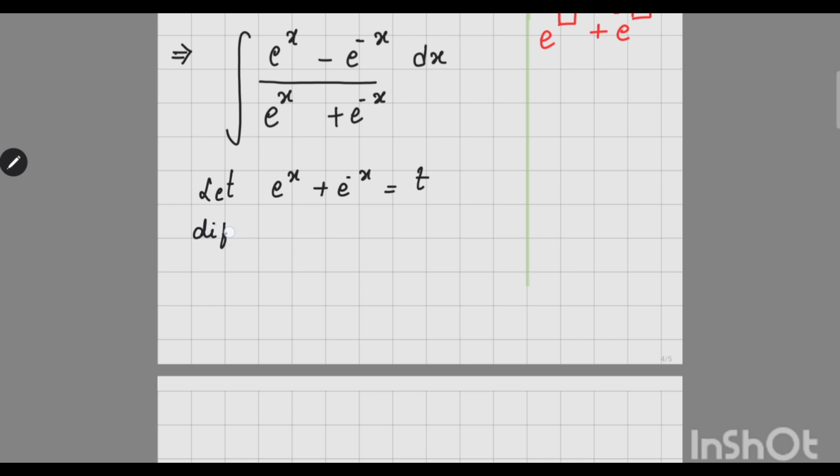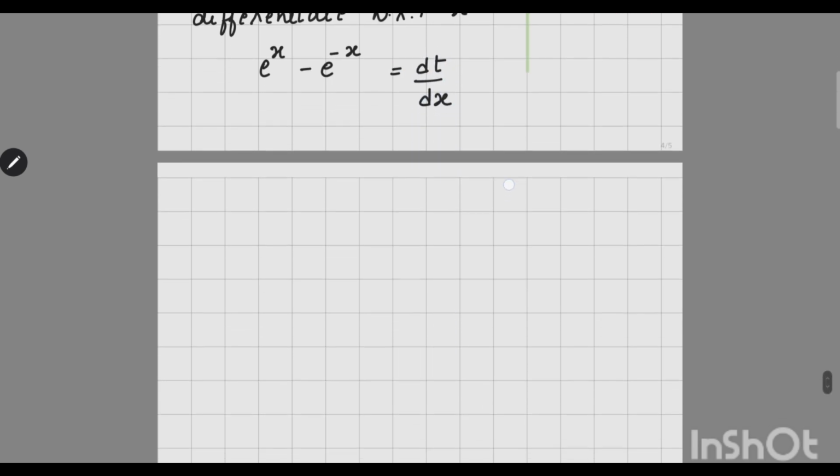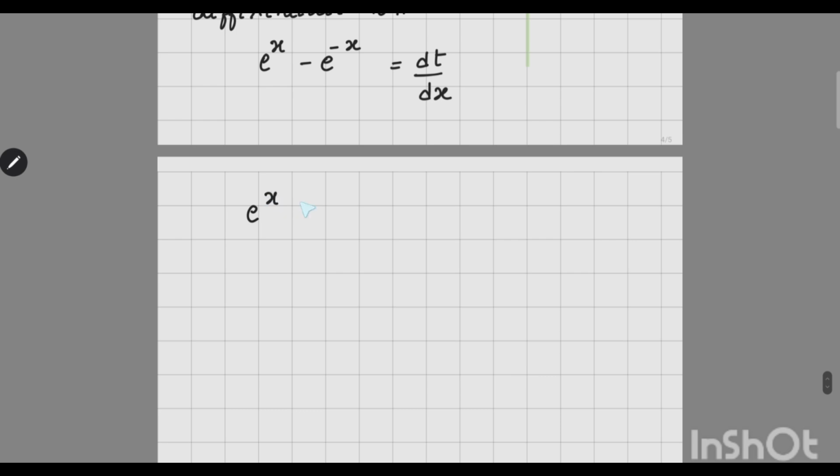We will differentiate with respect to x. If we differentiate e power x, we get e power x. If we differentiate e to the power minus x, we get minus e to the power minus x, and this is dt by dx. Now let us cross multiply: e to the power x minus e to the power minus x dx is equal to dt.